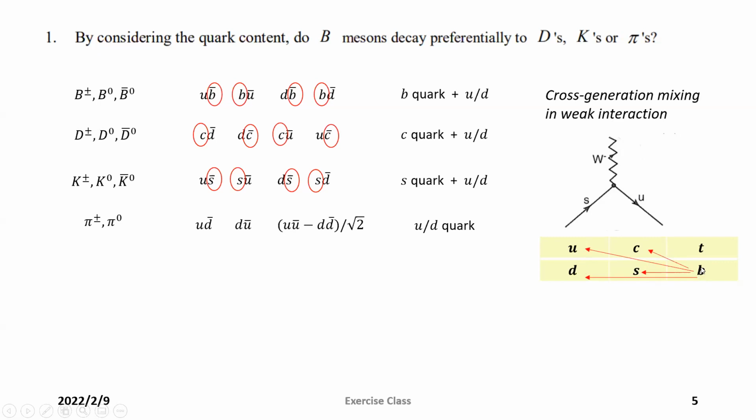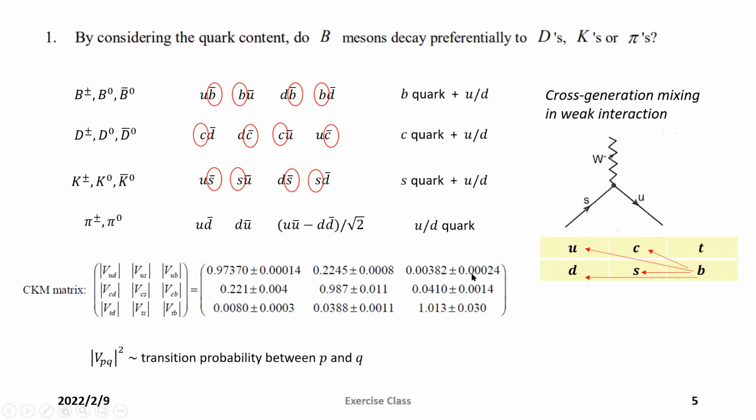That means if B wants to transit to S, it has to first transit to C, and then from C transit to S. That will involve 2 vertices, and so those diagrams are suppressed. So it shouldn't be the preferred way. So we only have to consider transitions from B to U and from B to C.